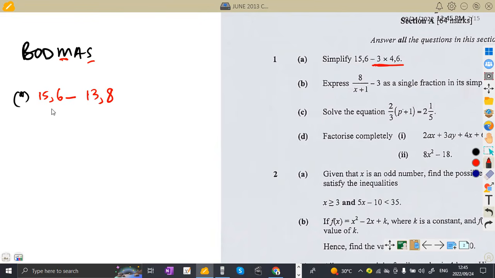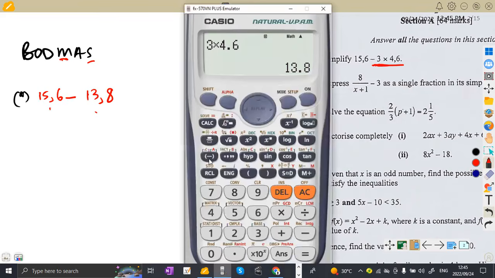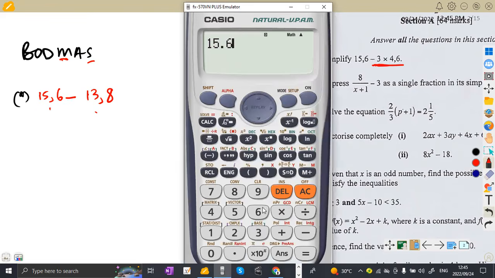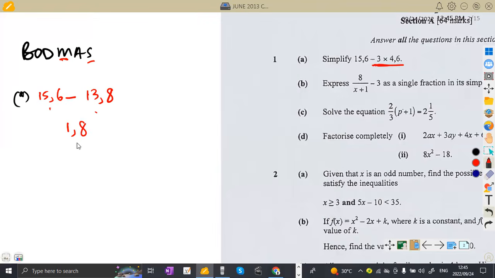All right, then we can subtract, since we are just left with 2 terms: 15,6 minus 13,8. So you're going to have 1,8. So that was the first part of the question.